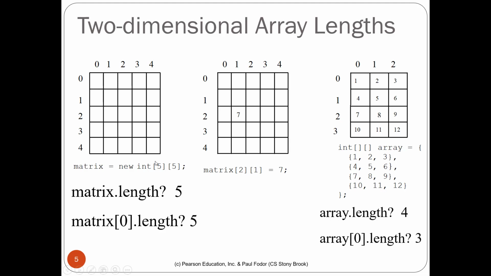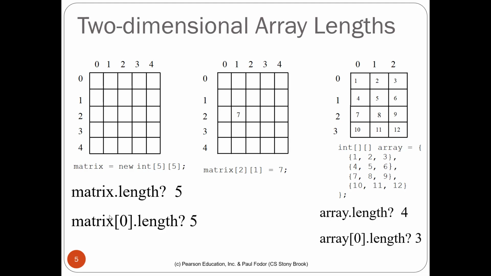Now, once we understood these concepts, let's look at the other important concept, which is about the length. In the case of a one-dimensional array, whenever you said array.length, you got the number of elements present in the array.